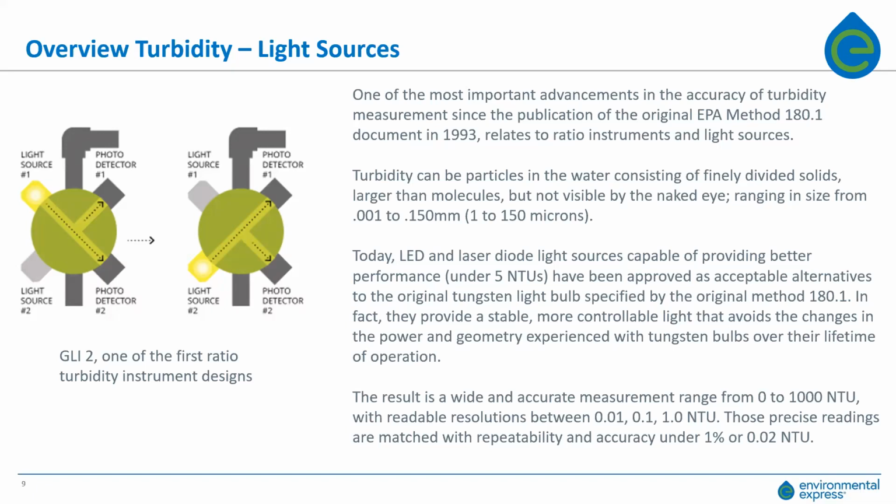So I want to talk about some of the newer instrumentation and the improved accuracy and repeatability. Turbidity can be particles in water consisting of finely dissolved solids, divided solids, or fines, larger than molecules, but not visible by the naked eye. These range in size from 0.001 to 0.15 millimeters, or 1 to 150 microns.